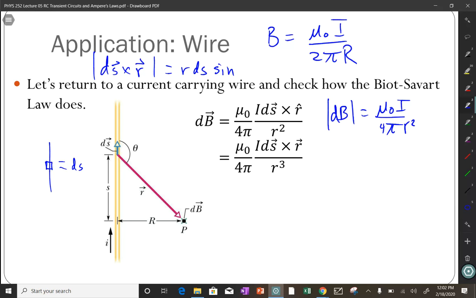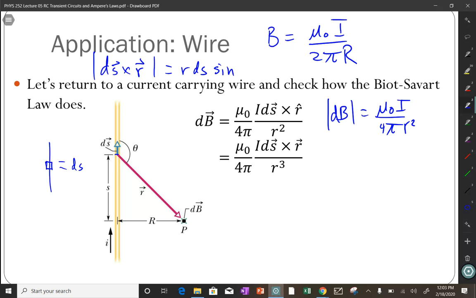Why does it look like it's curling around behind the wire? It should not. Usually we write ds like this to say it's that length. The reason it's drawn here with the arrows is because it has a direction, so it's a little piece of vertical, pointing up length.